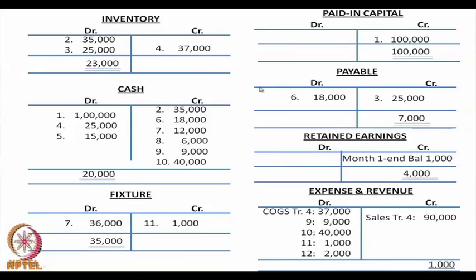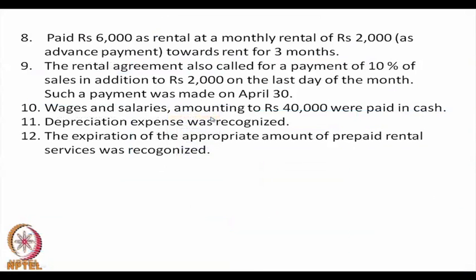So, as an expense. So, here we are showing this expense as rupees 9,000, and cash position also comes down here. So, number 9, cash position comes down, so credit side is credited to cash and debited to expense account. So, they are matching, and what is 9,000? It is 10% of 90,000, which is the sales. 10% of 90,000 is 9,000. The entries are here. So, that is transaction 9.